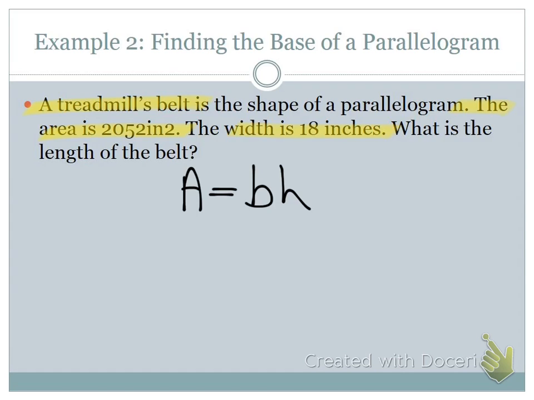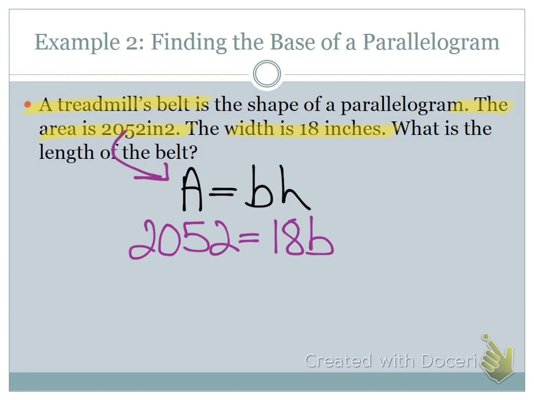So here's the main thing I want you to gather from it. Where does 2052 plug in for A? 2052 equals 18B. And now, how do you solve this equation? Divide what? Yes. Divide both sides by 18.